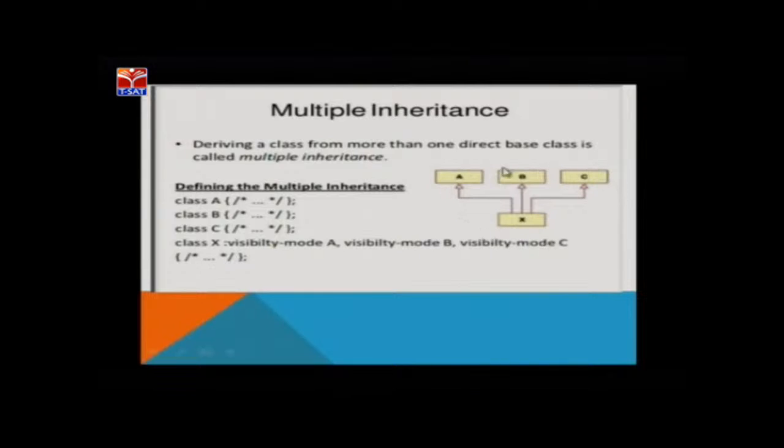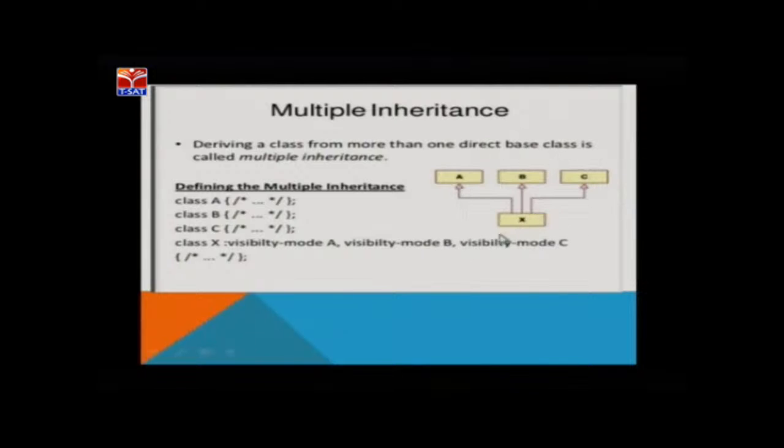In this picture I have taken A, B, C as the base classes, and from these base classes I am deriving a subclass X. So X consists of the features of class A, class B and class C. It means it can access the data members and methods of class A, class B, class C. So it is multiple inheritance.